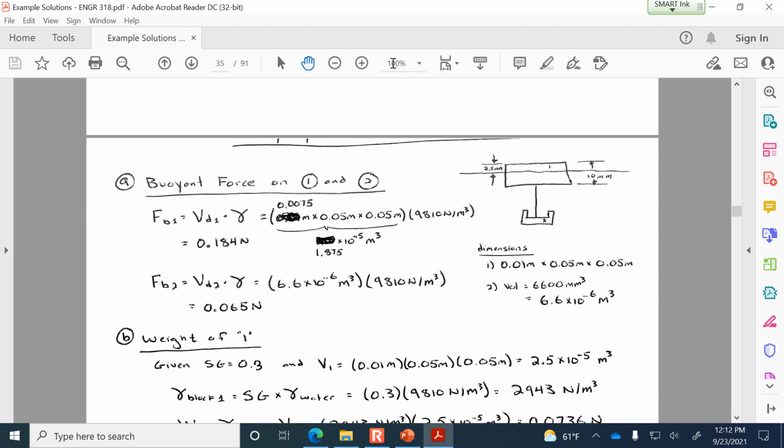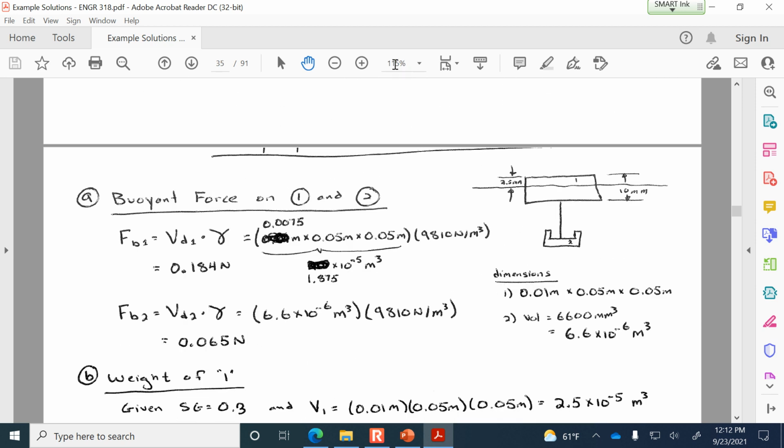Okay, so here's our system. Object 1, object 2. So the buoyant forces are going to be related to the volume that's underneath the water surface. So how much water is being pushed out of the way by each of these. So object 1, I've converted its given dimensions that were specified in millimeters over to meters.